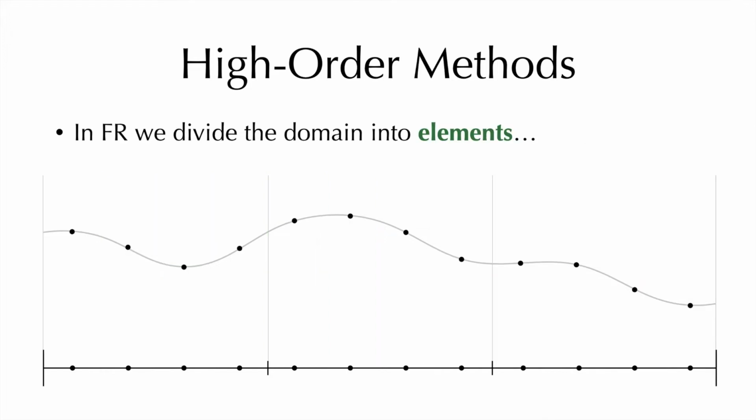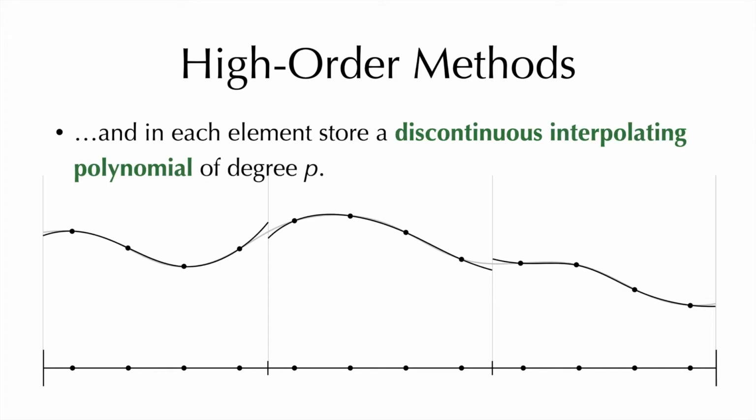Now, in flux reconstruction, what we do is we divide our domain into elements, and inside each element we represent the solution as a polynomial of degree p. And crucially, we allow this polynomial to be discontinuous between element interfaces.